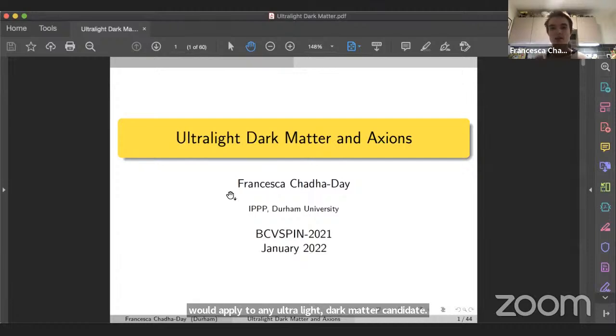I'm going to start with a quick introduction to ultralight dark matter and why this is something we should be thinking about. Then I'm going to talk about how we can describe ultralight dark matter using a classical field description, as opposed to the particle description that we might think of when we first hear about dark matter.